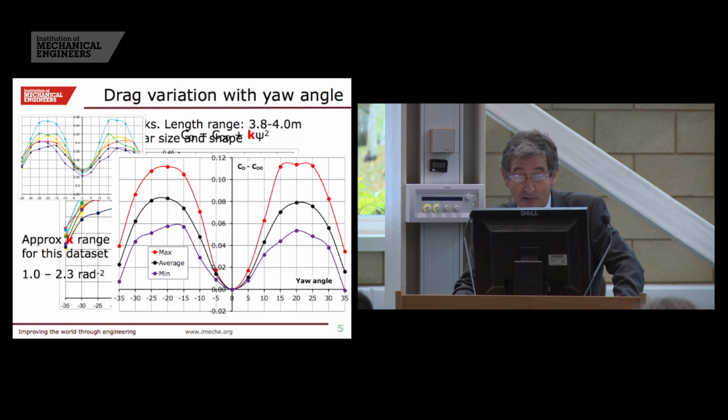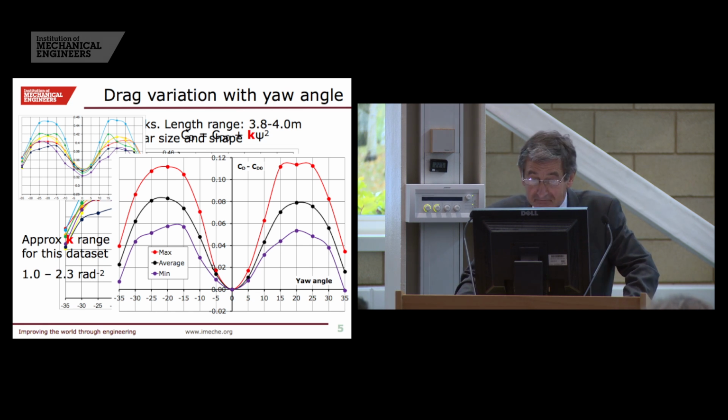Again, a few drag yaw characteristics for, in this case, some small hatchback cars, because at Tata that's the vehicles that we're primarily interested in. These drag curves tend to be slightly more parabolic than the interesting drag data that Steve was showing you earlier.